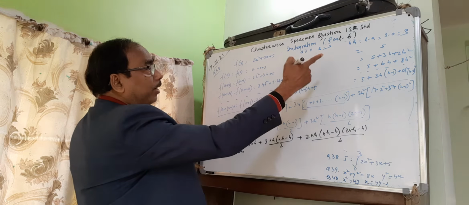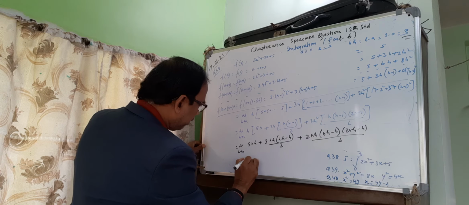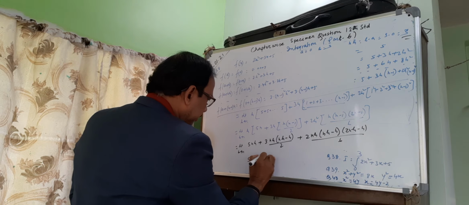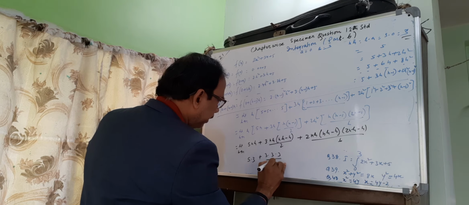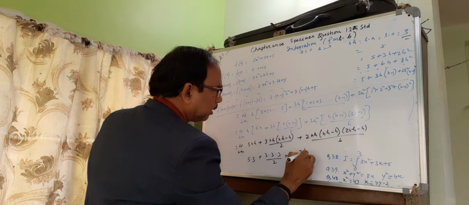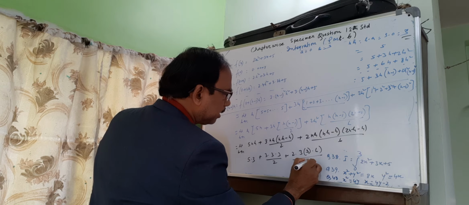Here nh value is 3, put it here: 5 into 3 plus 3 into 3 by 2 plus 2 into 3 into 3 into 6 by 6.